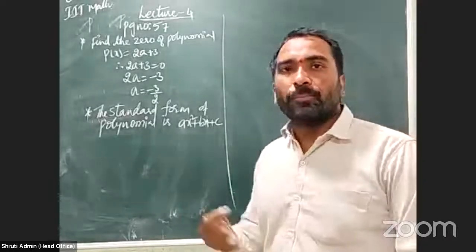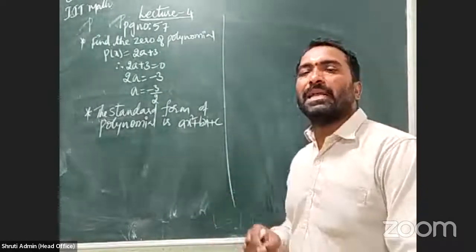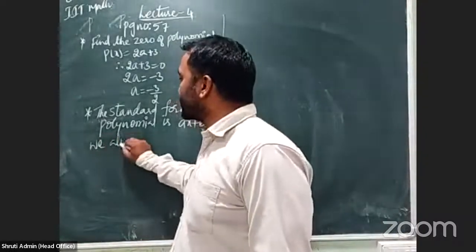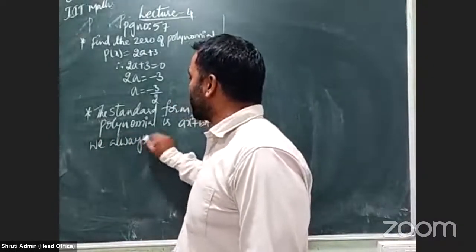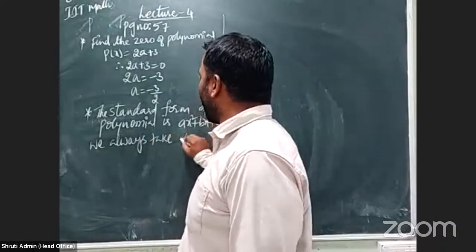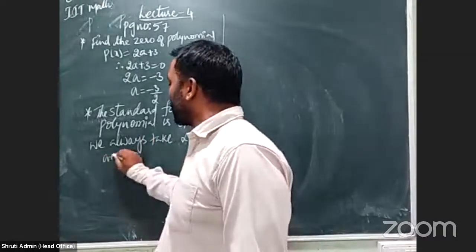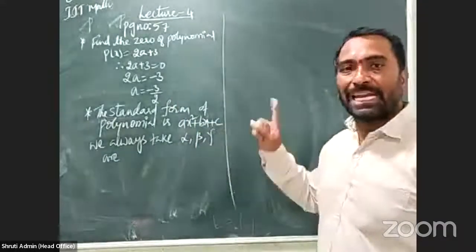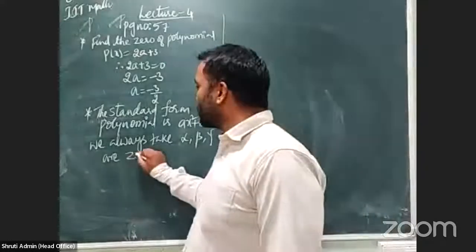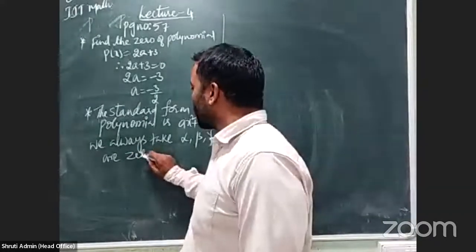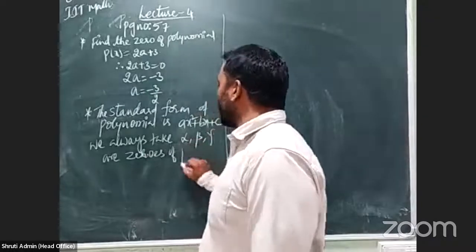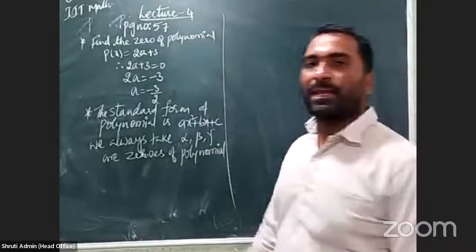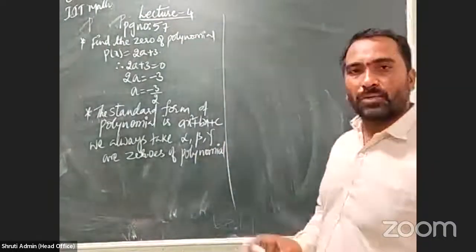In a polynomial, we always take alpha, beta, and sometimes gamma as the zeros of the polynomial. Following? Alpha, beta, gamma are the zeros of the polynomial.